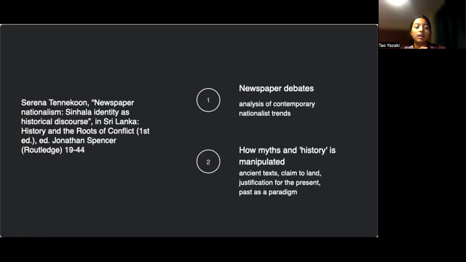And she does this by examining 3 newspaper debates in the newspaper Divayina. What I found particularly interesting about this piece is how contemporary, in this case, intelligentsia, look back on history and how they reinterpret certain events to match the present context, and perhaps their agendas.